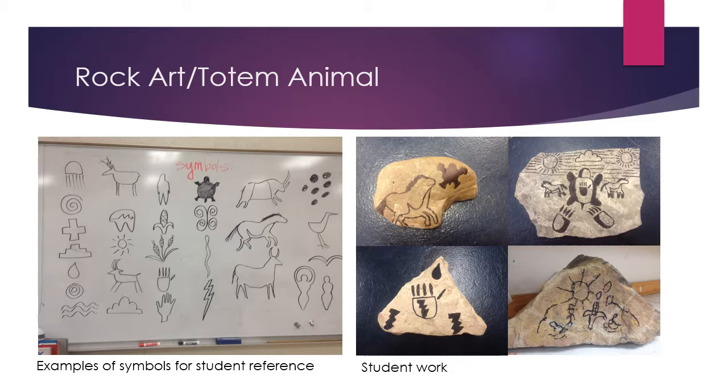I gave them some examples of symbols for reference. I drew those on the board, symbols that were in the cave, in the movie that we watched. And then on the right you can see some examples of some of the students' work translating those symbols onto their rock.